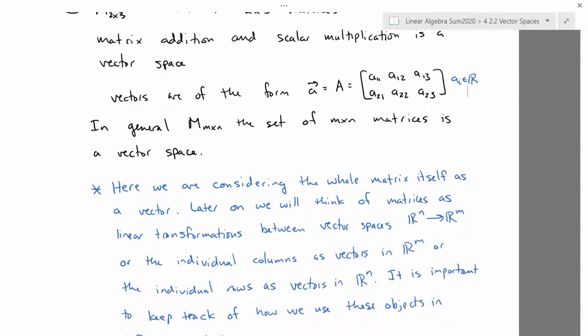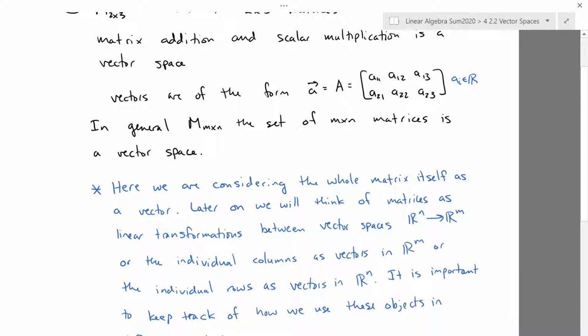So as usual, we're going to look at various different objects used in different contexts. For matrices, here I'm specifically talking about a matrix thought of as a vector, right?